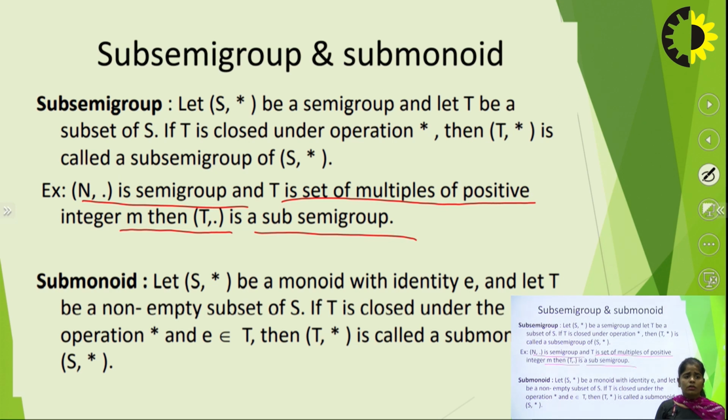A sub-monoid is the same as a sub-semigroup: let S star be a monoid with identity element E, because in the case of a monoid we take the identity element, and let T be a non-empty subset of S. If T is closed under the operation star and E belongs to T, then T star is called a sub-monoid of S. So this is the sub-semigroup and sub-monoid.